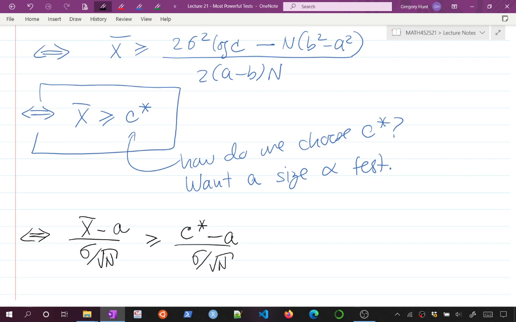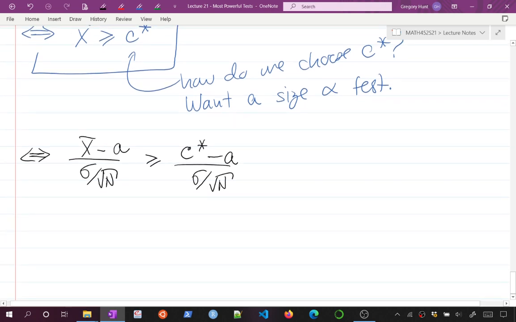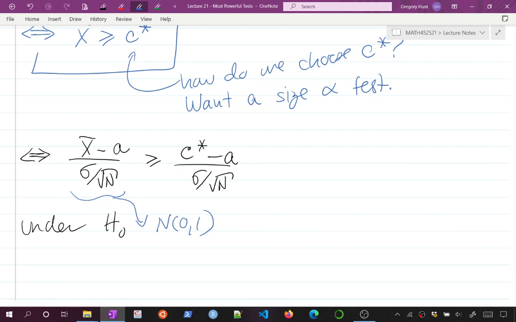I'm going to reject in the same cases. Under the null hypothesis, which is where we calculate the size of a test, the size is the maximum probability of rejecting. This thing here is a standard normal, right? So if the true mean is a, theta is a, then x bar minus a over sigma over root n is standard normal.